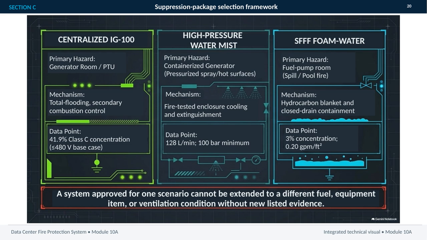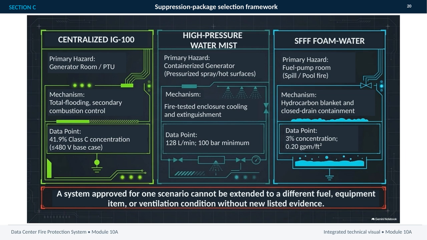The listed approach combines fire-tested enclosure cooling with extinguishment, using at least 128 liters per minute at 100 bar. SFFF foam water addresses a fuel pump room and the risk of a spill or pool fire. Its mechanism is a hydrocarbon blanket supported by closed-drain containment at a 3% concentration and an application density of 0.20 gallons per minute per square foot.